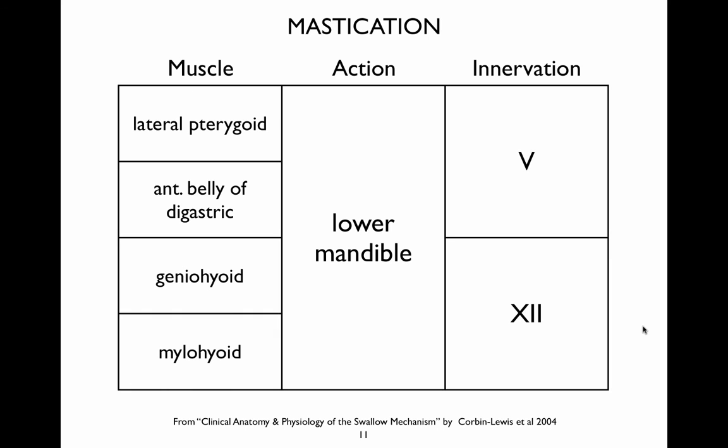The muscles that are responsible for lowering the mandible would be the muscles like the lateral pterygoid, the anterior belly of the digastric, the geniohyoid, and the mylohyoid. Innervation for these muscles comes from cranial nerve 5 and 12.